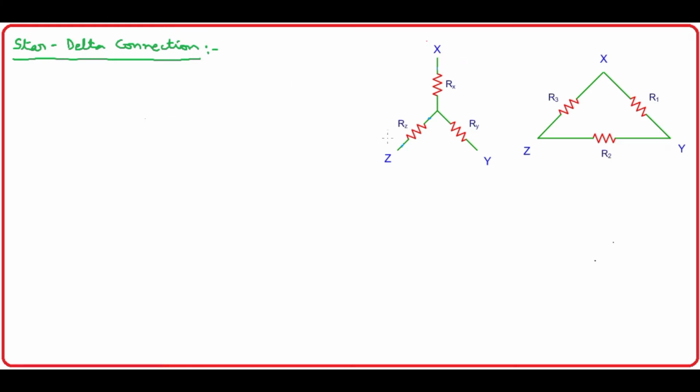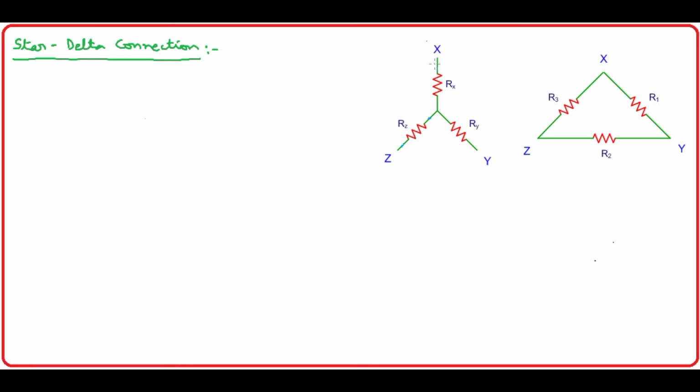As we know, if you want to take the equivalent resistance between X and Y, we need to connect some voltage source so that current is flowing from capital X to capital Y. That's what our assumption should be. If that is the case, how will it be?